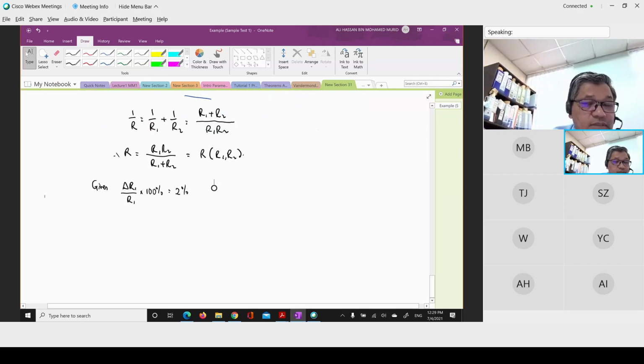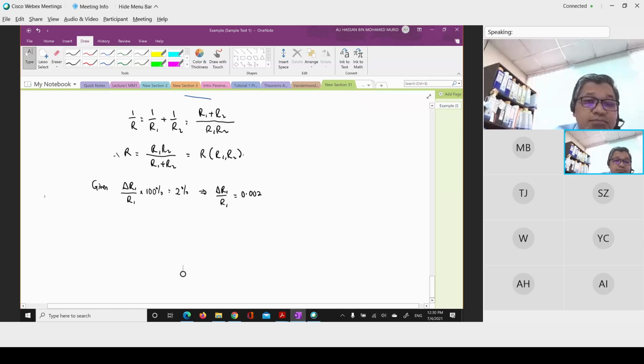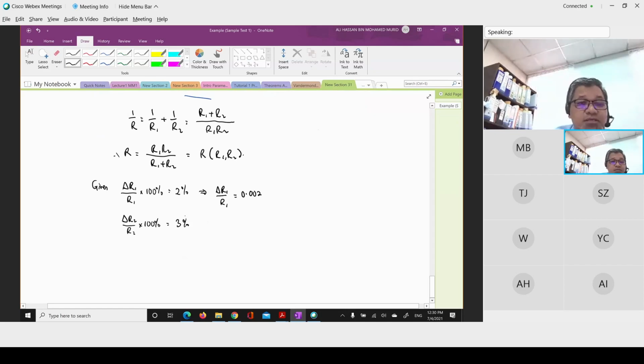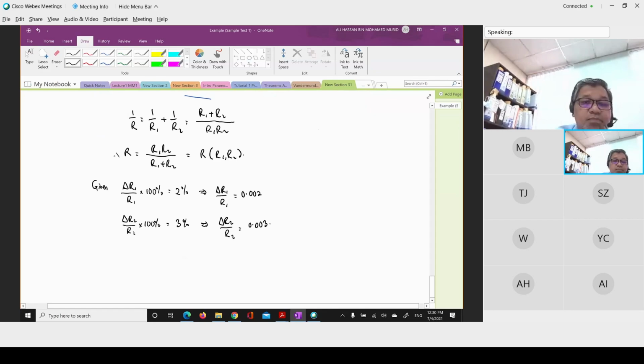So that means delta R1 over R1 is equal to 0.002. It's the same as 2 over 100. And we're also given delta R2 over R2 times 100% is 3%, isn't it? So delta R2 over R2 is 0.003.